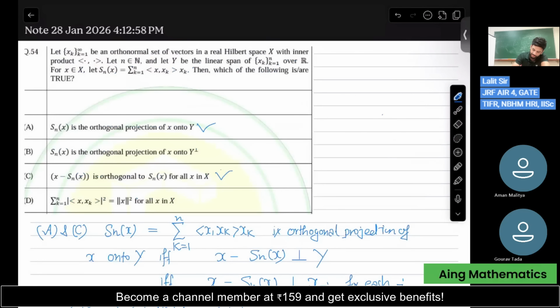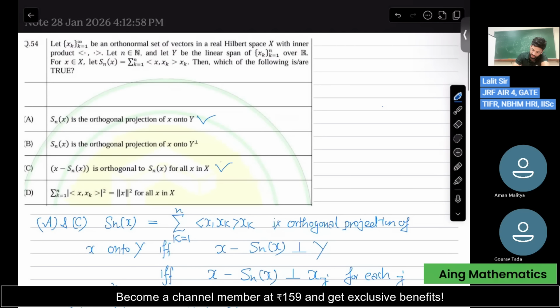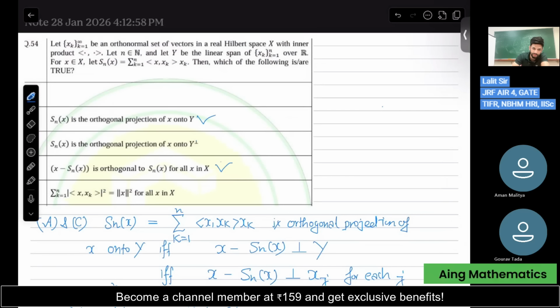And what about B? x minus Snx is the orthogonal projection of x into y. No, B is not true, right? Because Snx is non-zero for many of the vectors, right?